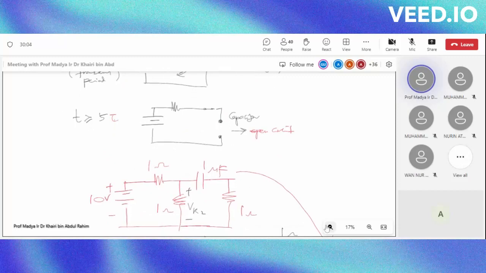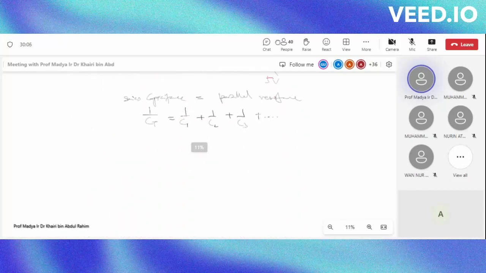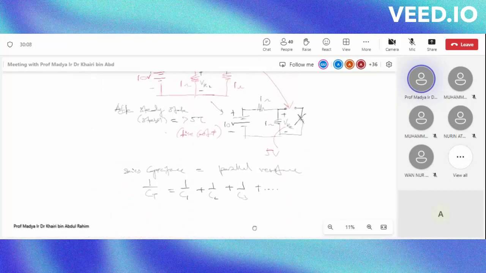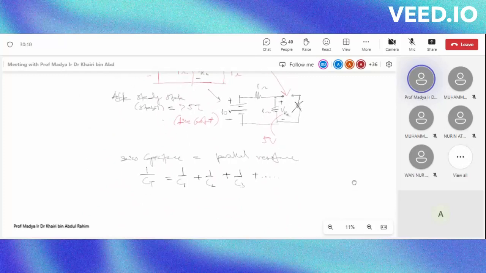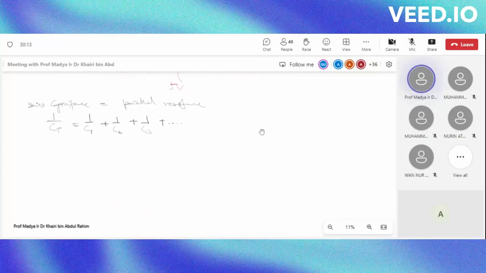Okay. And similarly, if you have parallel capacitance, it is equal to series resistance, and Ct equals C1 plus C2 plus C3 and so on.